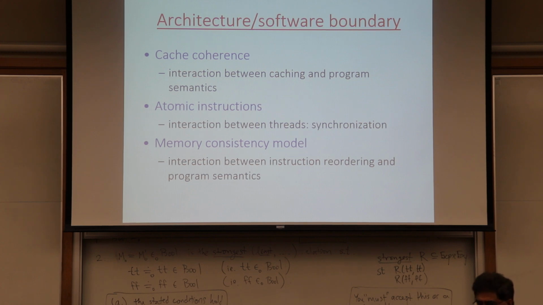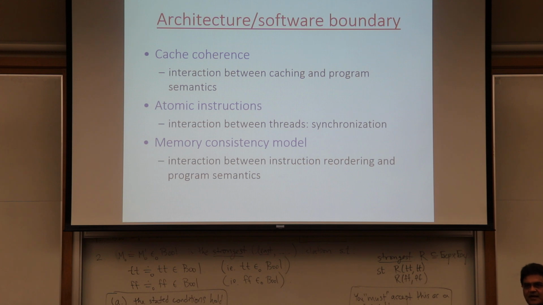Caches are there for performance, but the result of executing your program on a machine with a cache is the same as what it would produce if there was no cache. So caches are invisible to the software in single-threaded sequential programs. And what I'll show you is, unless you worry about something that's called cache coherence, and it's a very simple idea, the fact that there are caches may change the meaning of your program, and so you do need to worry about it, and I'll explain that to you.